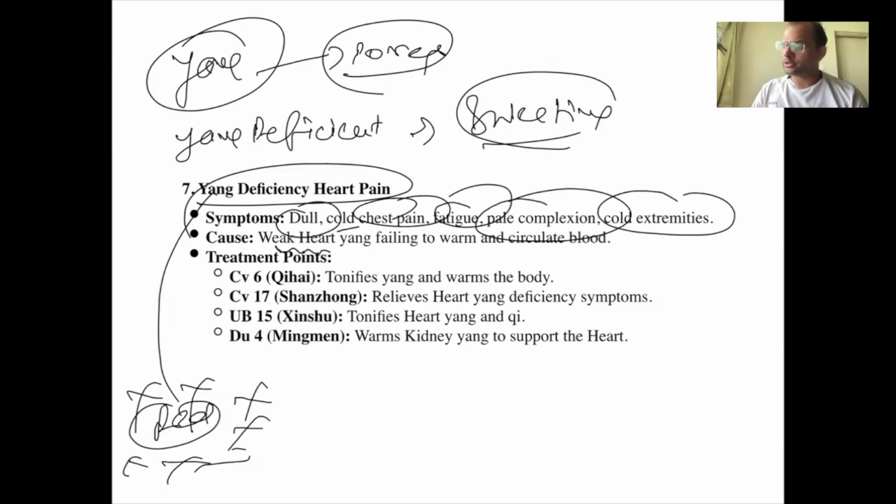So because of the weak yang, it is not able to warm and circulate the blood. तो ये वीक यांग है, तो पसीना टपकेगा, हाथ पैर ठंडे रहेंगे.